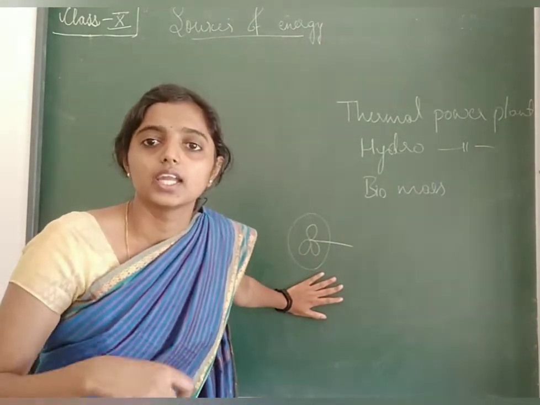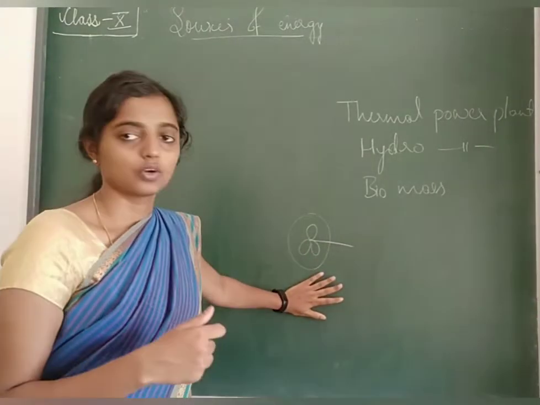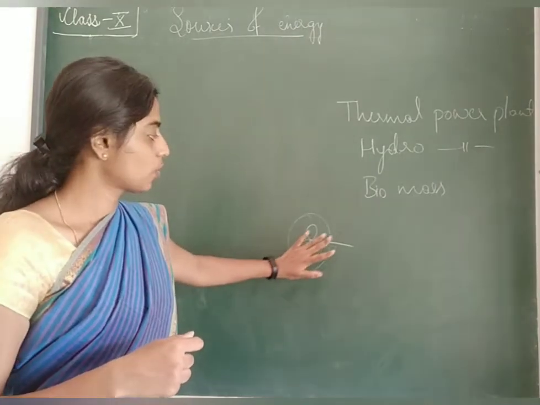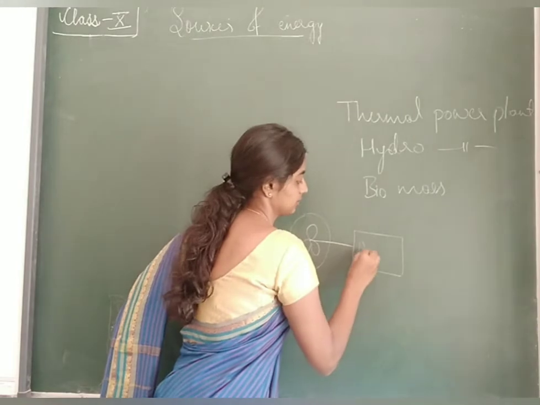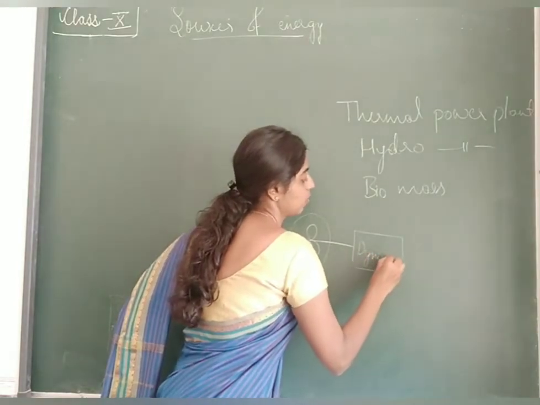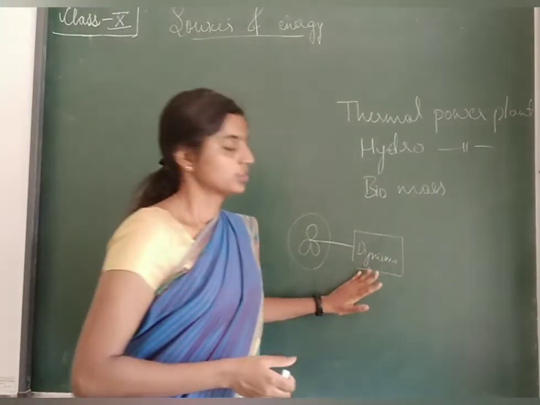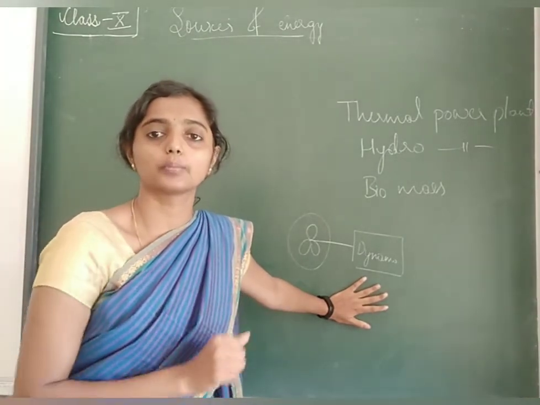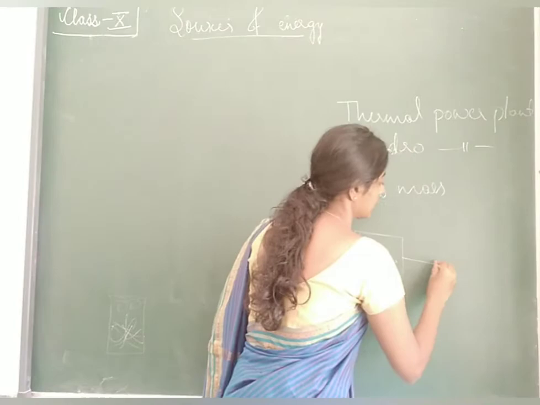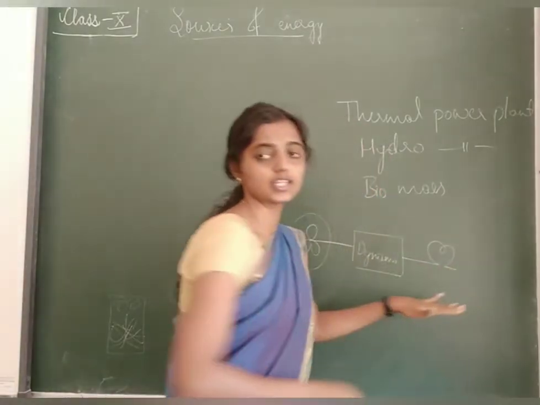Next we should connect it with a dynamo. A dynamo generates direct current through a commutator, and to this we connect an electric bulb, all in series.